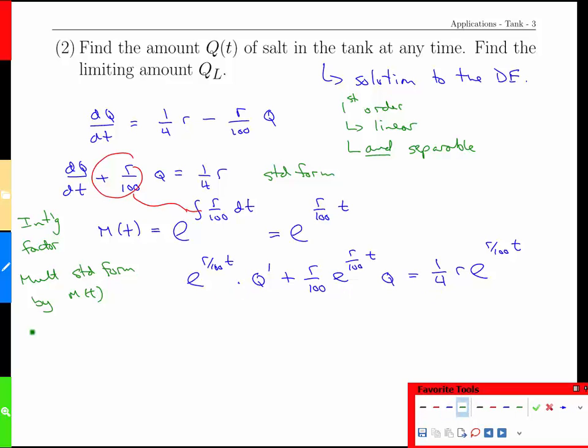Taking a careful look at the left hand side, it should be, and is, the derivative of a product.